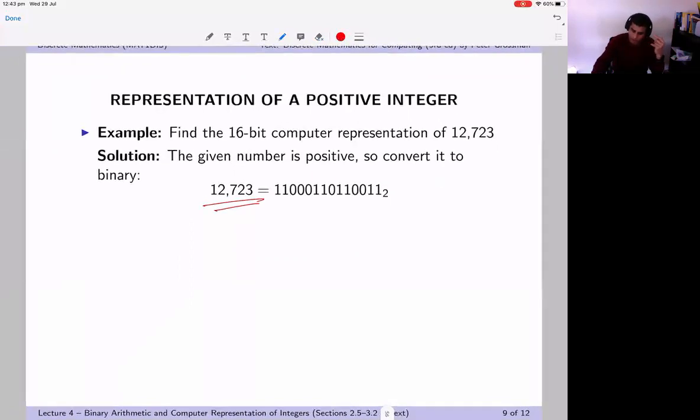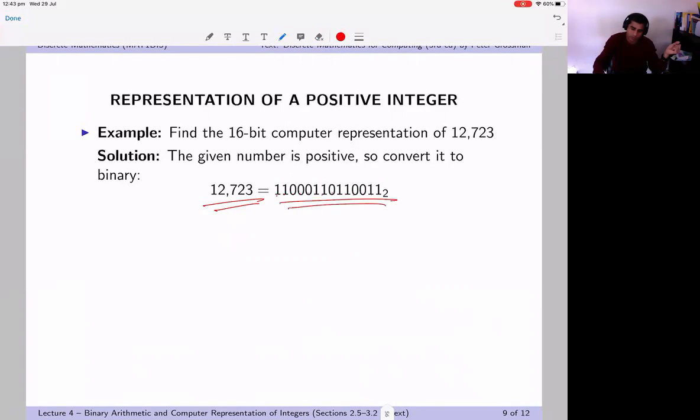How many digits are these? 1, 2, 3, 4, 5, 6, 7, 8, 9, 10, 11, 12, 13, 14. So these are 14 bits. However, what I am after is 16 bits in total, where the first bit is for sign, which means I need 15 bits for this.